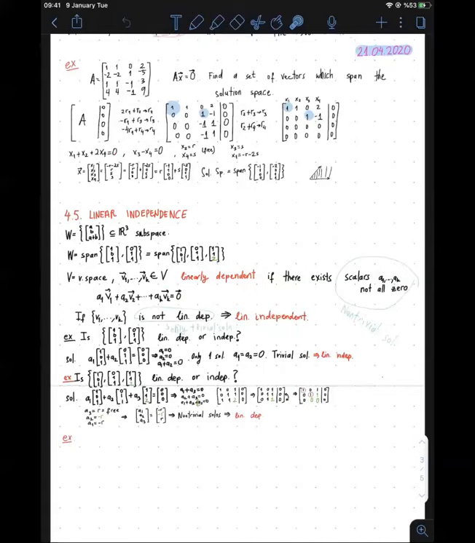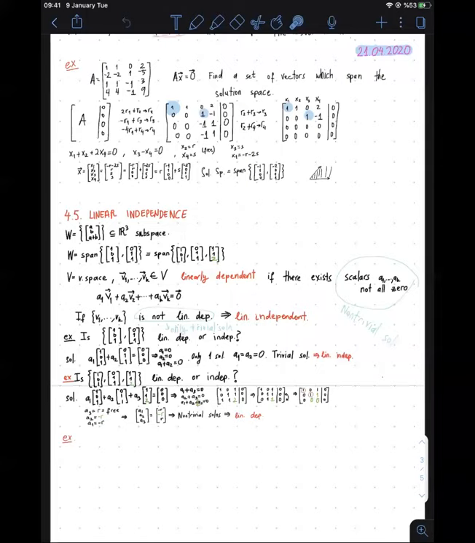The intuitive idea was that if the vectors are linearly dependent, then some of those vectors are kind of redundant, which means that even if I remove some of those vectors, I will have the same span.